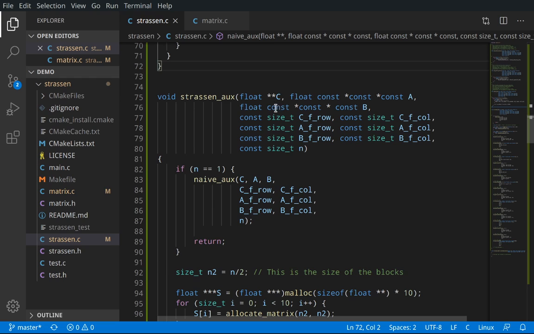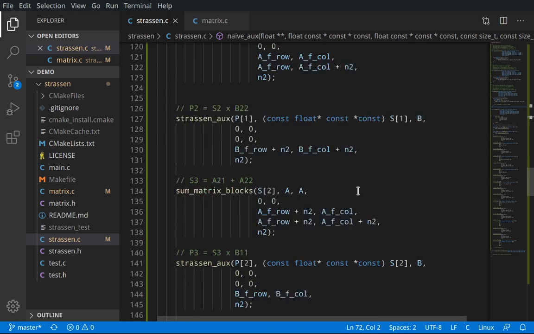So we don't need to allocate new space for the submatrix. We are simply dealing with the original matrix, and we are saying that we are not interested in the overall matrix, but only in the part of the matrix starting from the first row, first column, and whose size is n. That's why we have so many parameters in these functions.